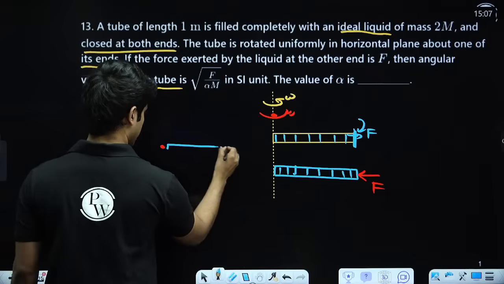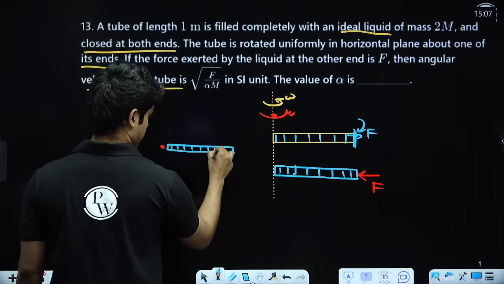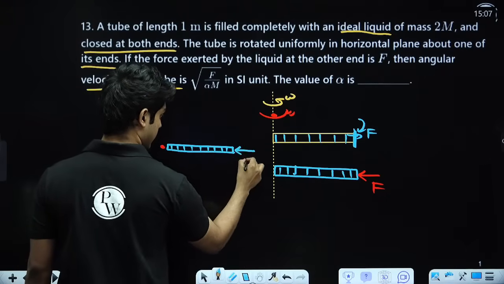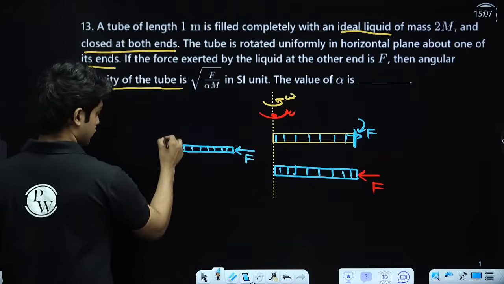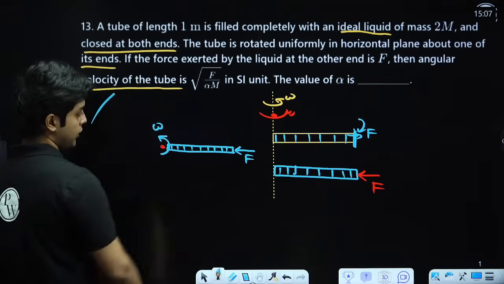This will be the fluid body. We have a force F acting along the radial direction, and this fluid body is rotating with some angular velocity, right? This is the top view.